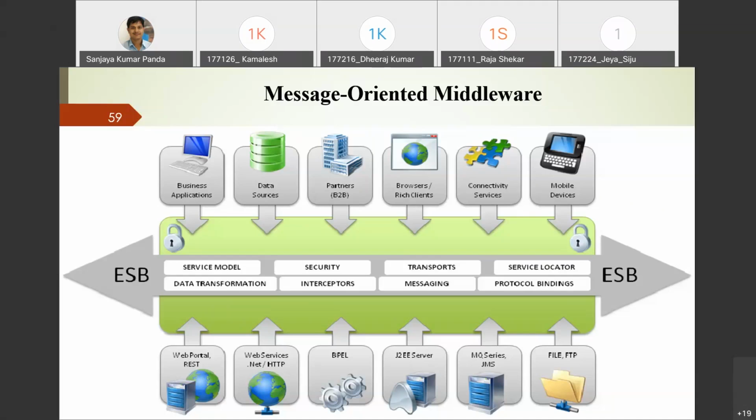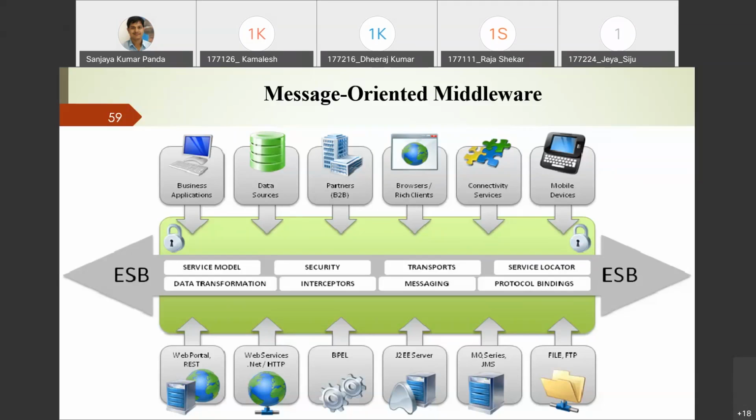Okay, they can also send requests to the ESB. So it may be simple, that is a browser or rich client. Like I told you in some class about the fat client and thin client, like that we discussed the fat server and thin server. It may be connectivity services or mobile devices. So there are a lot of applications, and these applications send requests to the ESB.